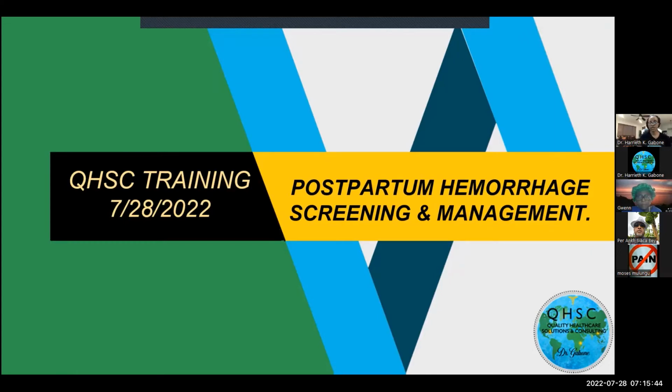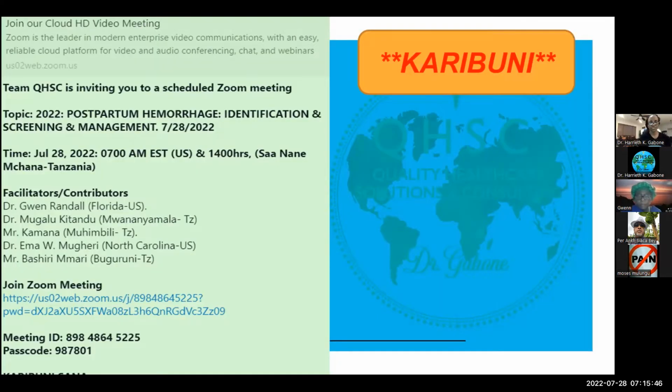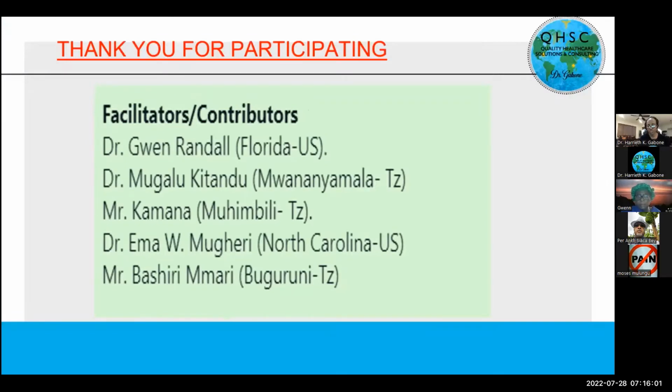We have our facilitators today to help us discuss this process of knowing the patients and identifying them as soon as you see them, and what exactly we need to know. After that, we have the discussion of two case studies.